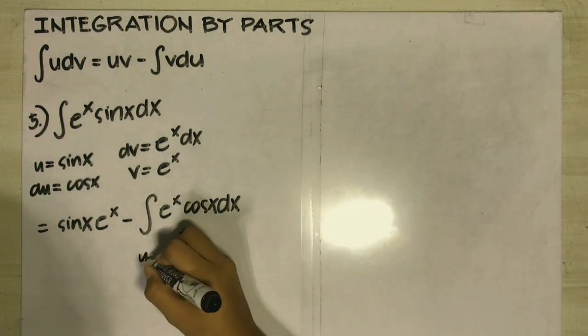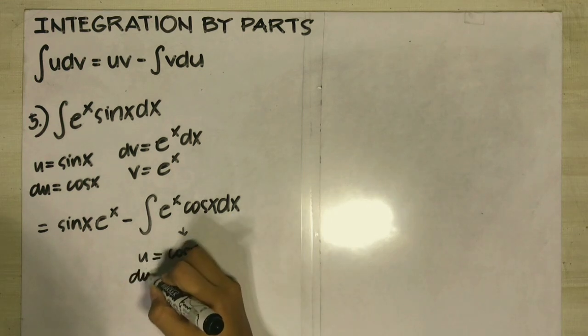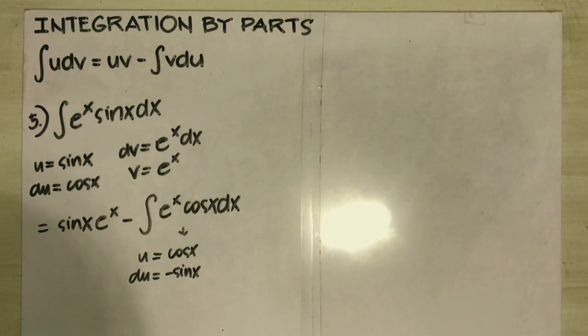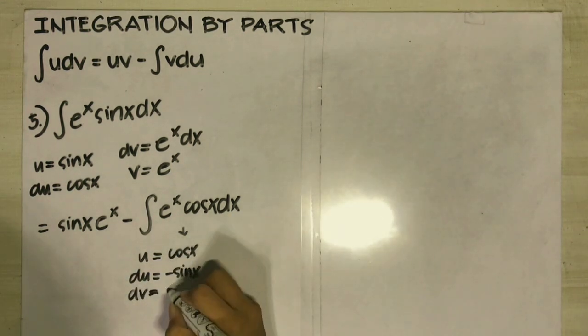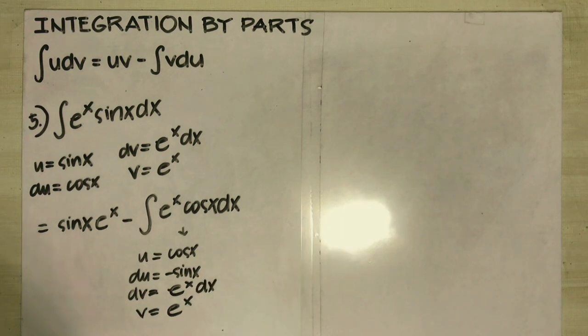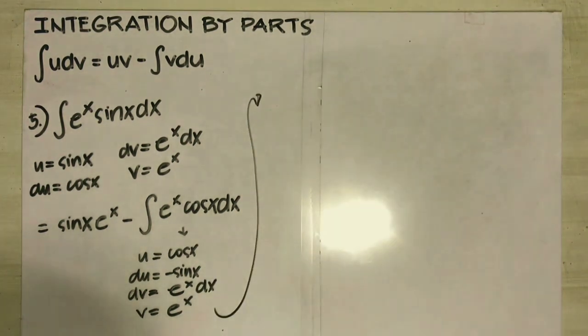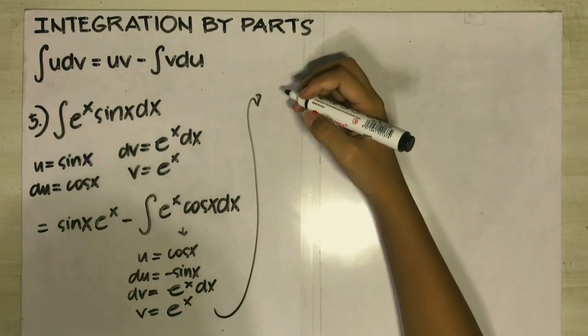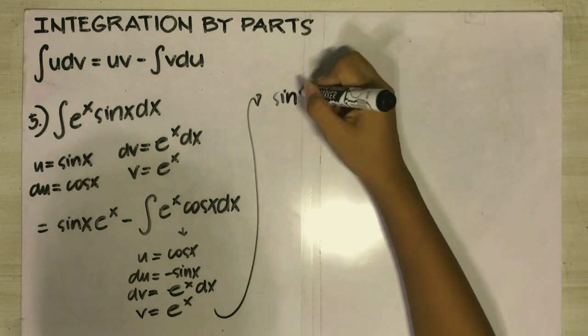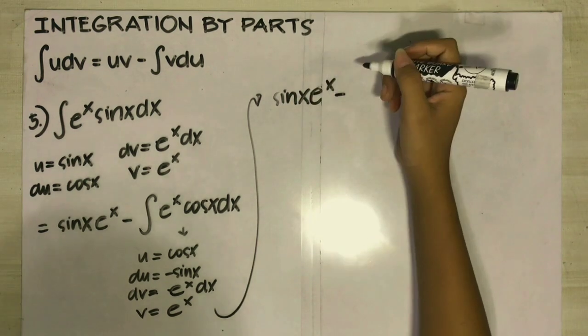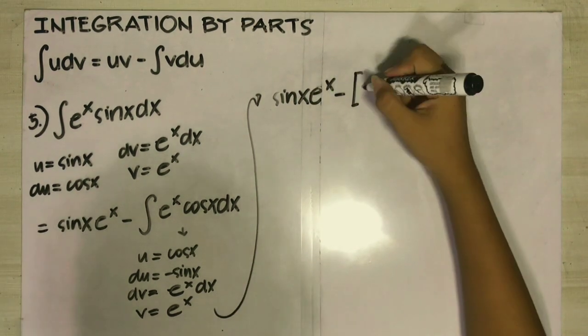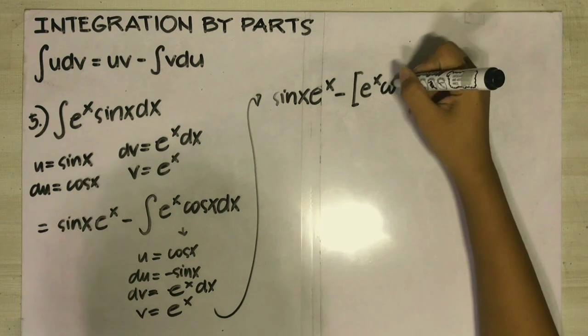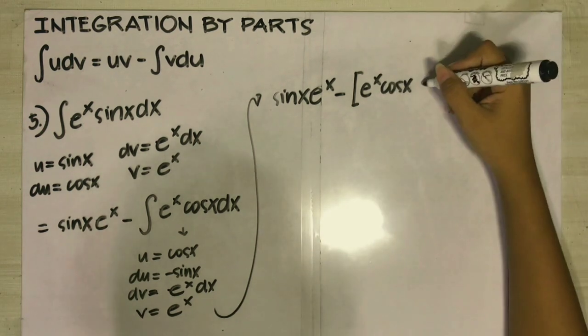Here, let's integrate the integral of e raised to x cosine x dx, and let's do the same thing. So this will become sine x e raised to x minus e raised to x cosine x minus the integral of e raised to x times sine x dx.